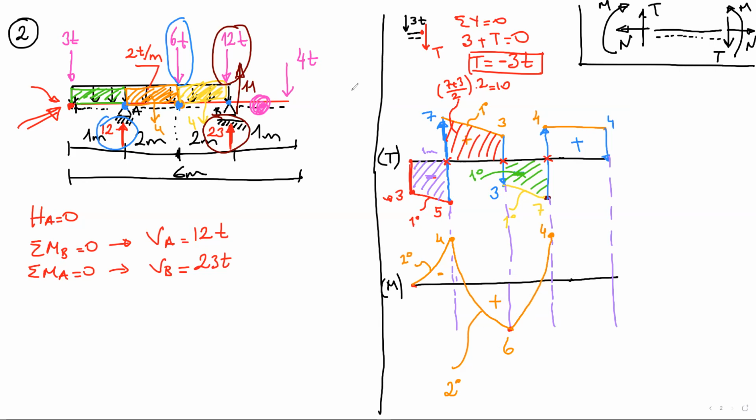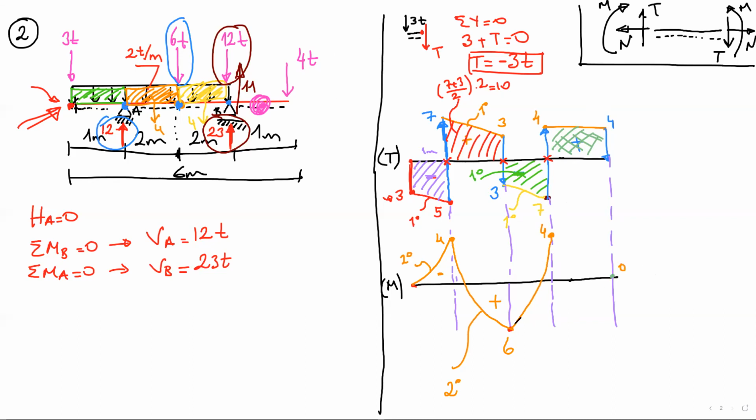Now, the last area is this. Four times 1 is 4. So this is positive 4. We are at the negative side. -4 plus 4 is 0.